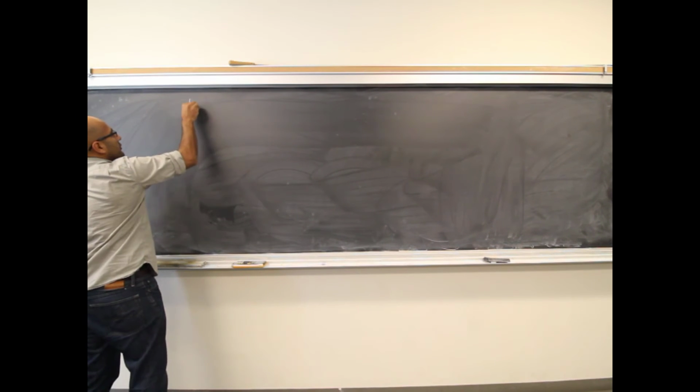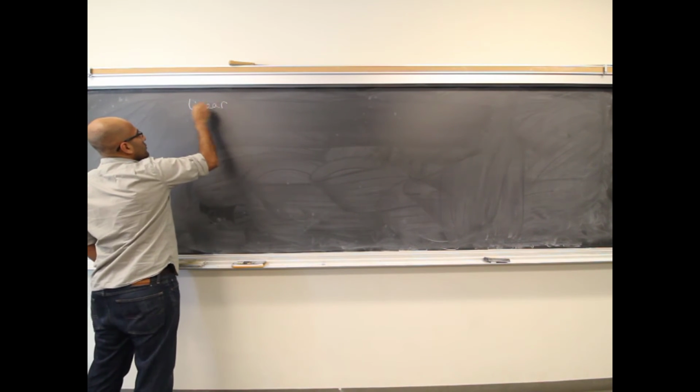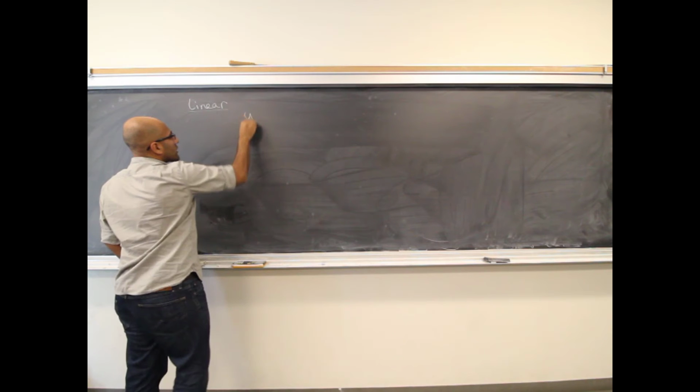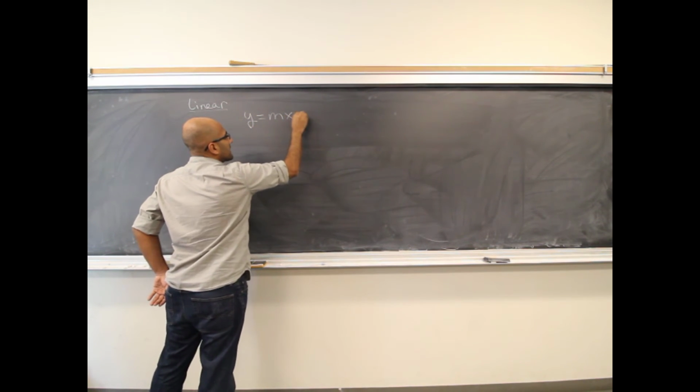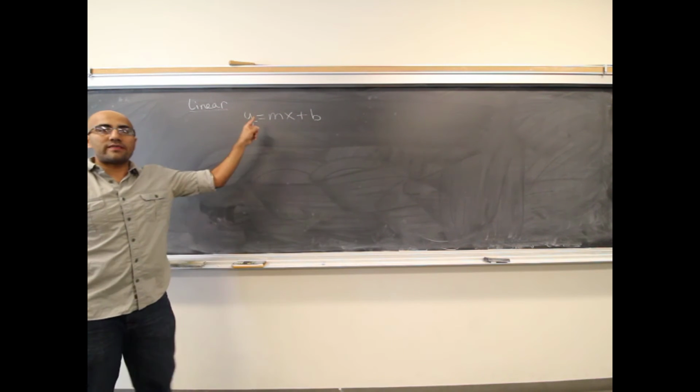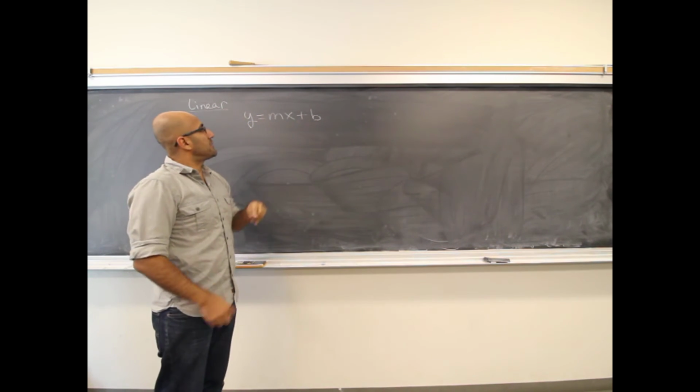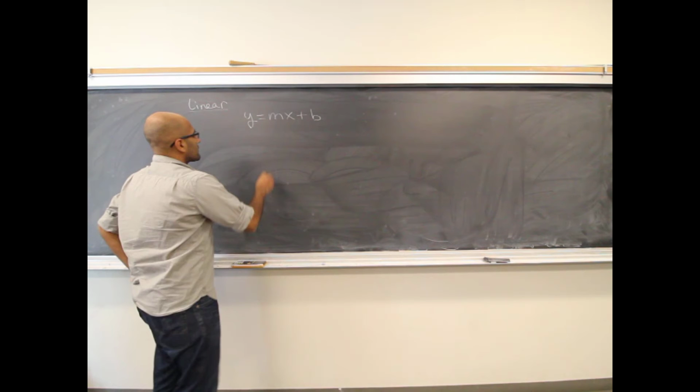Remember back when we were with linear equations. With linear equations, we found that one general form for a linear equation is y equals mx plus b, where the m and the b are allowed to be any real numbers.